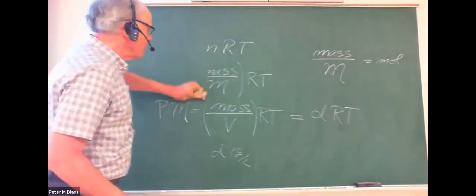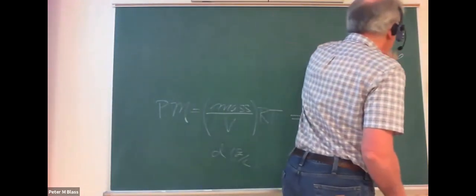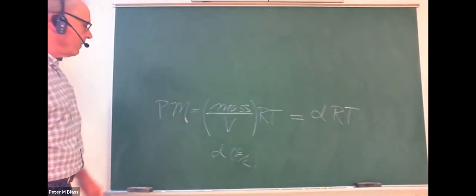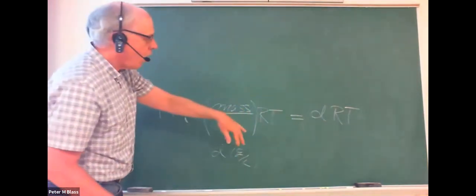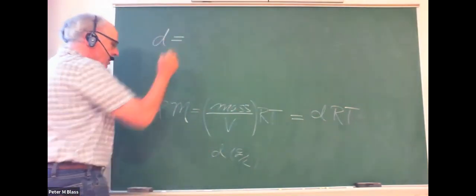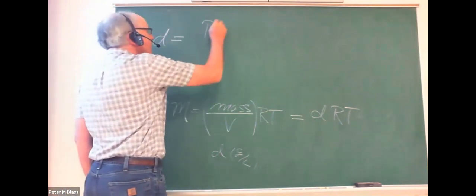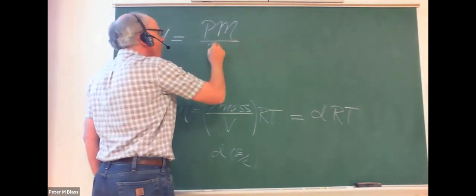So we've got a nice little equation there. I'll rearrange it just a little bit more. Do we want an equation that says D equals something or M equals something? I'll tell you what, let's go for D and we'll divide by RT. So we'll have the density, and remember expressed in grams per liter, is equal to P times M over RT.